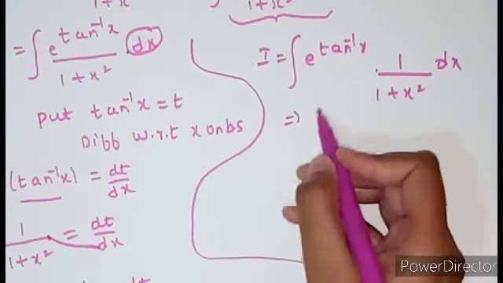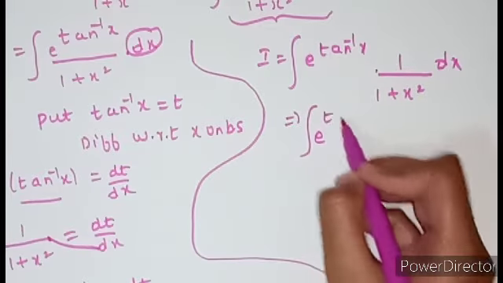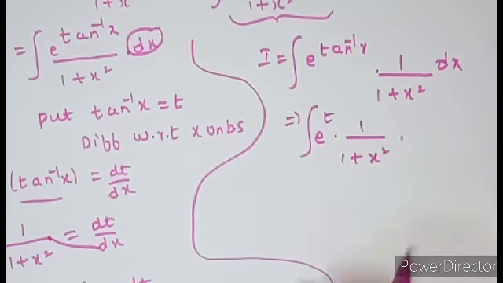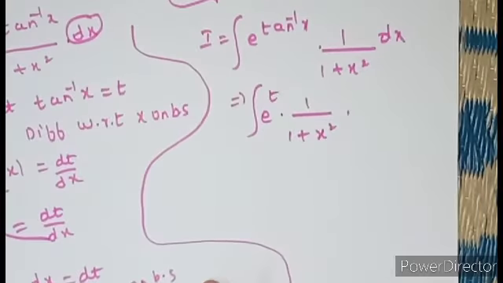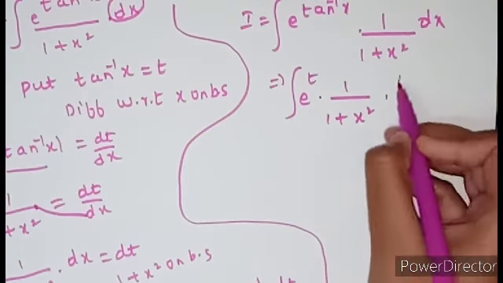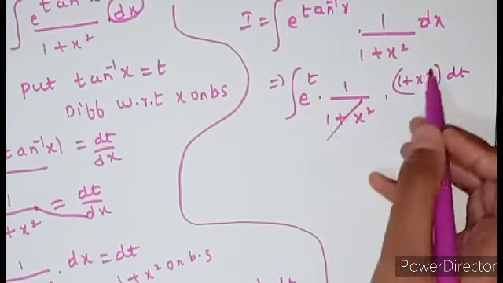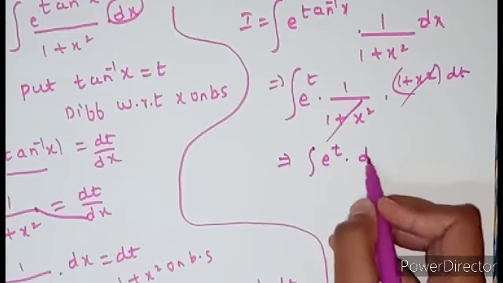Now e as it is; we have taken tan inverse of x as t, so t, and 1 upon 1 plus x square as it is. Here dx is 1 plus x square dt. Okay, substitute 1 plus x square dt. Now this 1 plus x square gets cancelled. Again we are left with e power t dt.